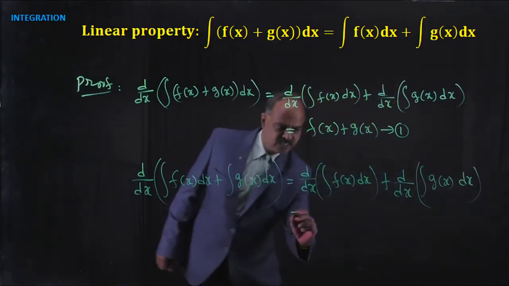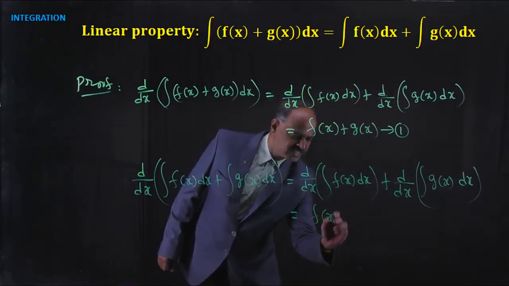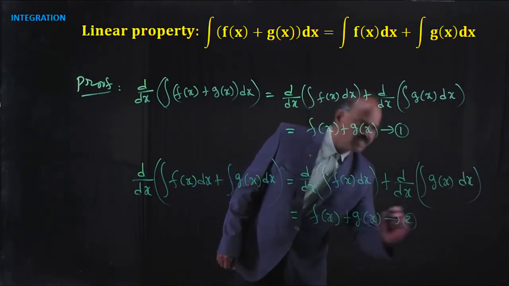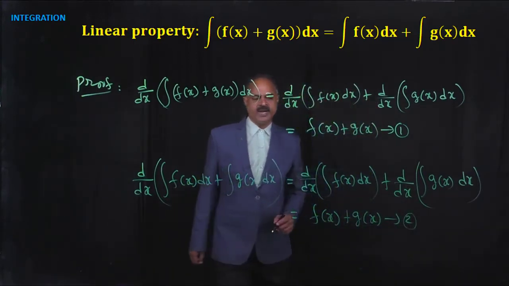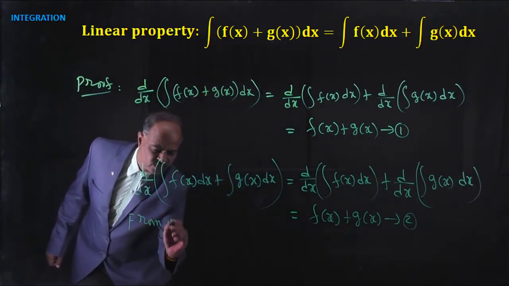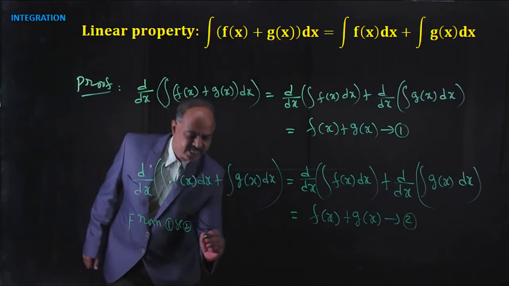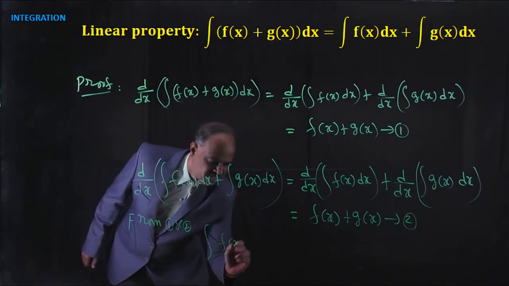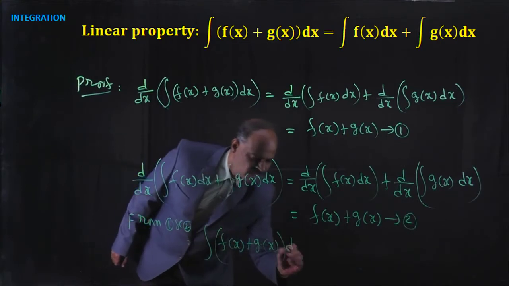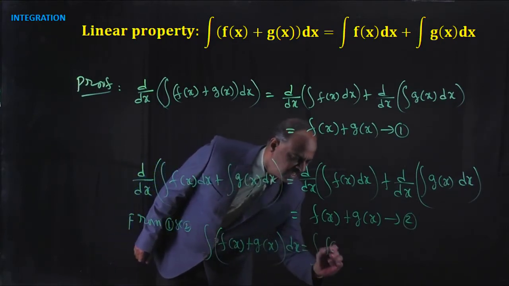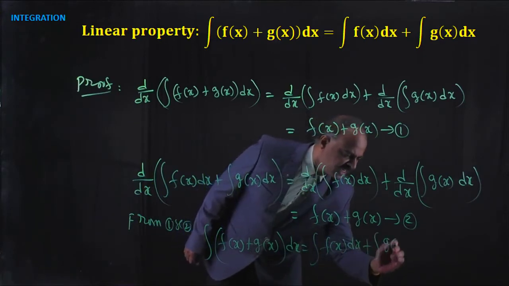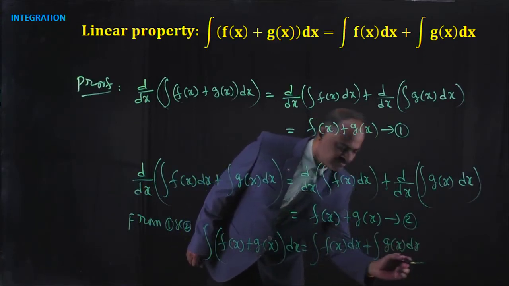Now this is equals to f of x plus g of x. This is equation number 2. So from equation number 1 and 2, integral f of x plus g of x dx equal to integral f of x dx plus integral g of x dx.